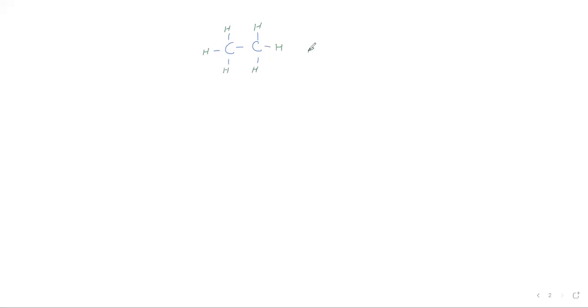Now let's go to the one that is 2 carbons. This one is called the ethane. And the other one, we have 3. Please be careful, each and every carbon there has 4 bonds.